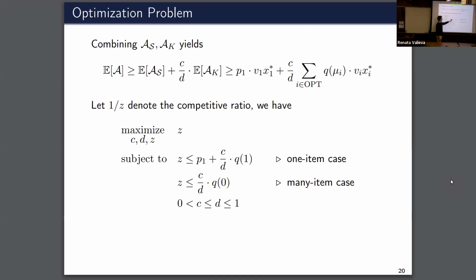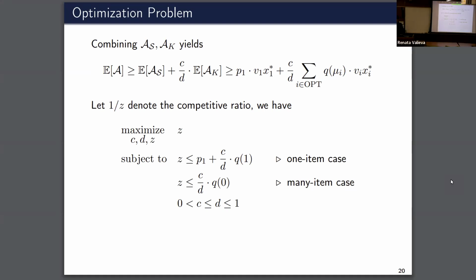The secretary algorithm gives you this P1, and then the other phase, the knapsack algorithm, will give you this quantity with utilization 1, so Q of 1. And this is the maximum we can get from this algorithm. On the other hand, suppose the solution contains a very large number of items, all of which have very low utilization. All of them are very small, then you cannot get better than C over D times Q of 0.